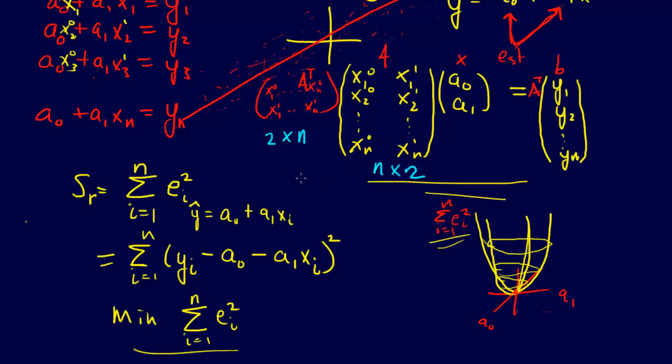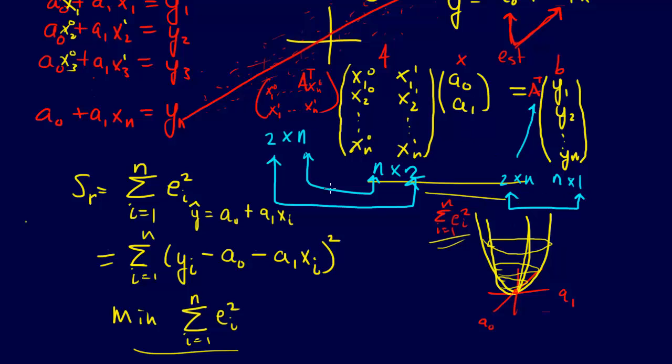So the inner dimensions match, so we can multiply, that's good. And the product of that is going to be 2 by 2. Perfect, just what we want. And then the product of this is going to be a 2 by n, and then that's our A, and then the other one is going to be n by 1. And so our answer is going to be 2 by 1.